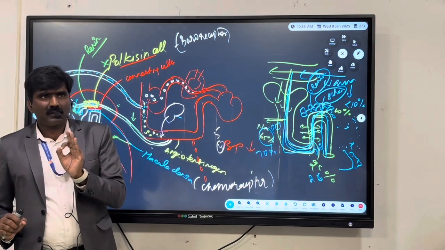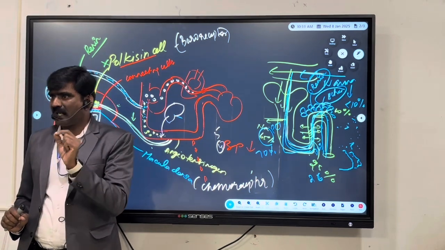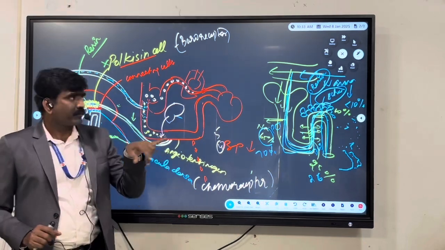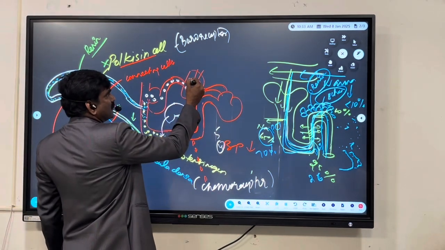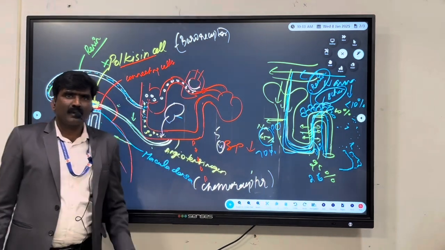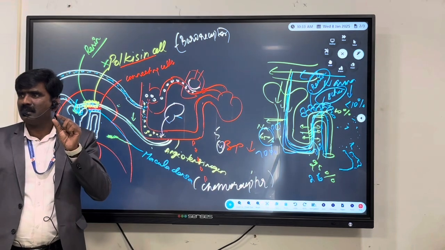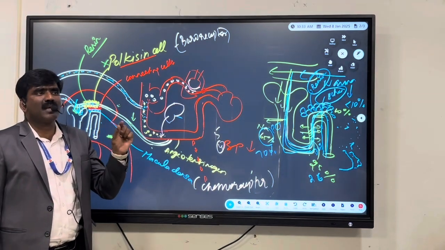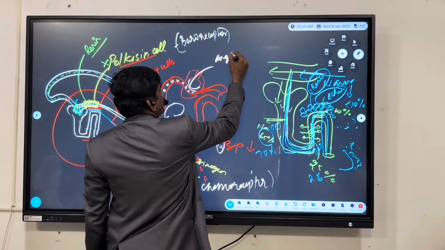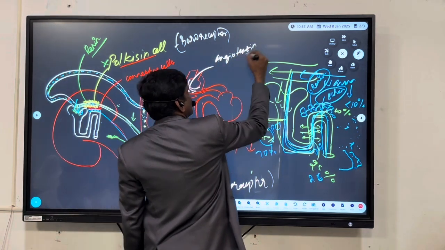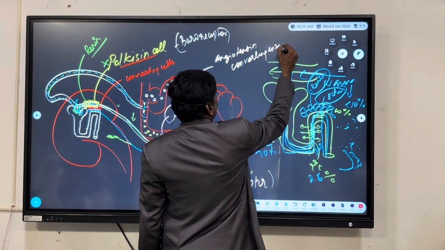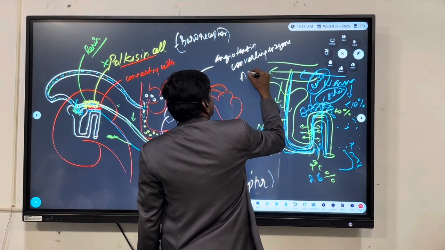In the lung, there are special cells in the alveolar capillary junction. What is the alveolar capillary junction? This is the alveoli and this is the capillary. In the alveolar capillary junction there is a special enzyme which is called angiotensin converting enzyme, ACE.